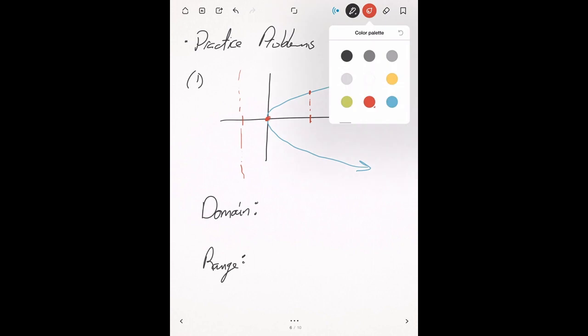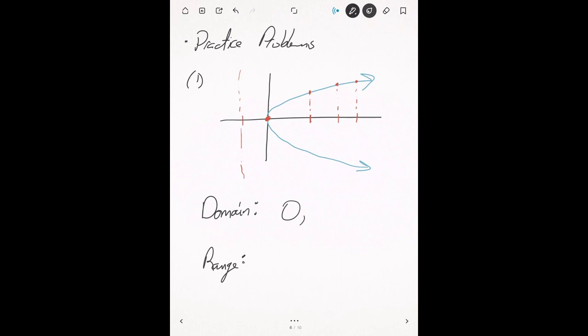So I'm going to say that the domain of this relation goes from 0, that's the lowest it can be, and then it just keeps going on forever and ever in the positive direction. I can always keep picking x values, and eventually I'll cross the graph. So I'm going to say from 0 to positive infinity, and I'm going to include 0. I'm going to put a bracket on that, because if I plug in 0, I get 0. There's a coordinate point right there.